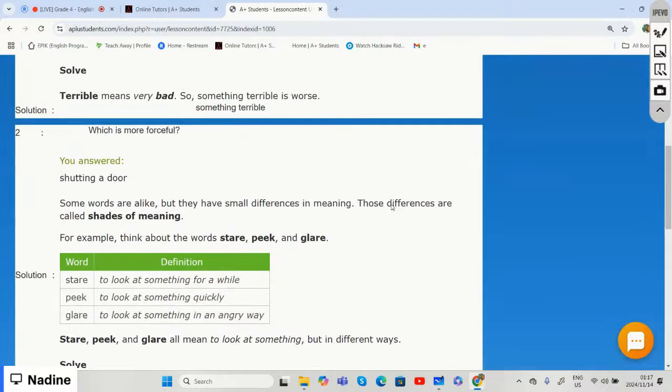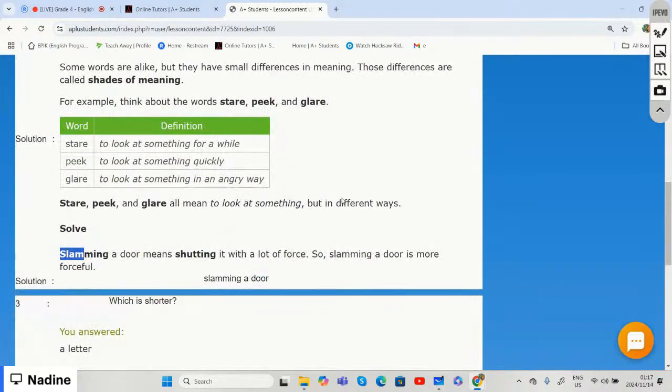So which is more forceful between slamming the door and shutting it with a lot of force?